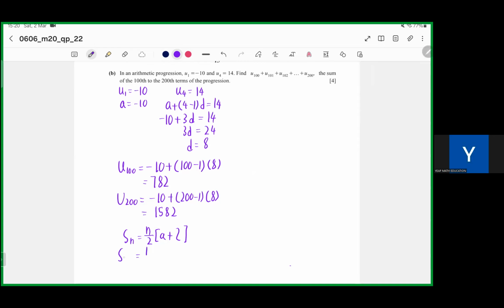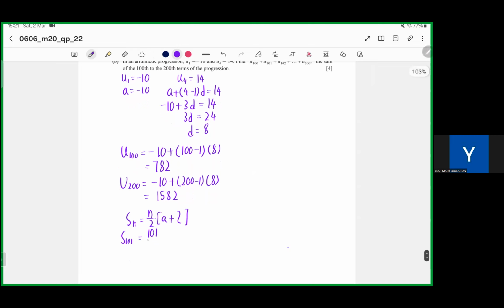And then here the total is 101 terms. Why is it 101 terms? Because here we start from 100, but you need to add 1 on for the 100 terms here. So actually the total is 101 terms. Okay, so we get 101 over 2. So we can take 782 plus 1582.